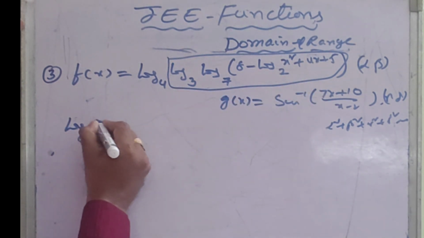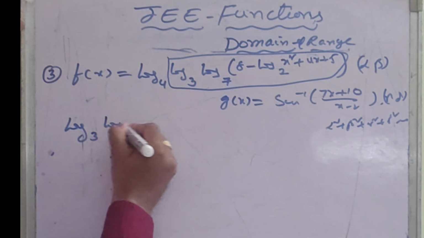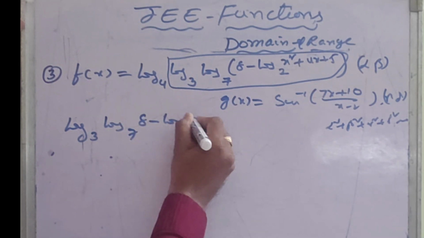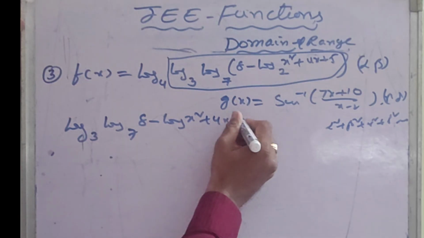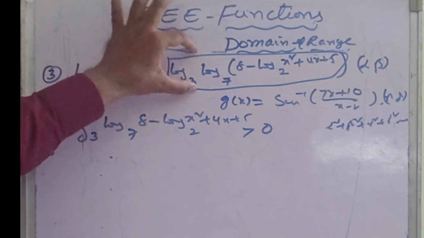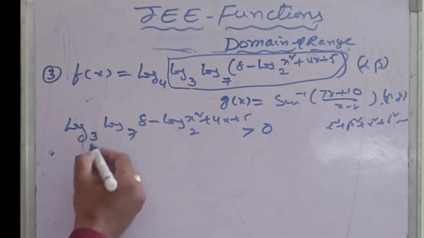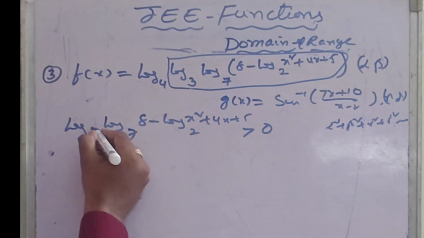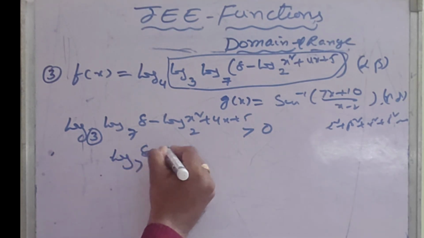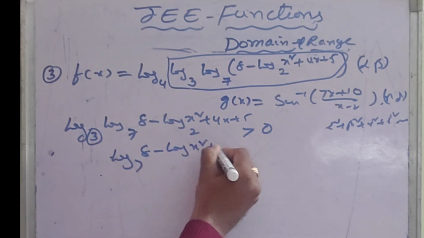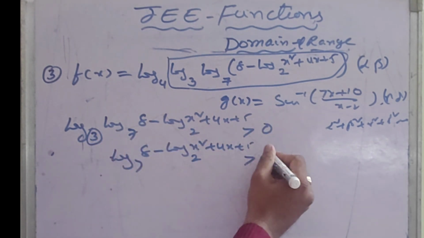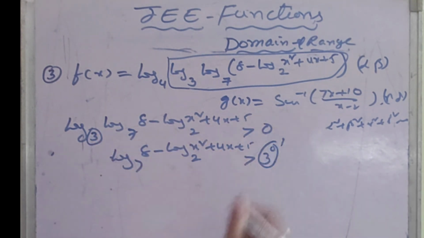Here this is the log function, that means log of 8 minus log of x square plus 4x plus 5 base 2 is greater than 0. A log function is defined for arguments greater than or equal to 0. Now apply the basic logarithm formula: log base 7 of 8 minus log of x square plus 4x plus 5 base 2 is greater than 3 power 0, that means 1.